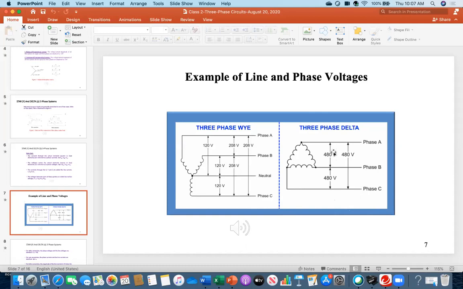Yeah, I have a question about the delta. So okay, the voltage is going to be the same on the line to line. It's not going to change. Yeah, yeah. Because you see this one. For example, you have a voltmeter here, and you know that a voltmeter needs two points, right? Two terminals. So, for example, you have a voltmeter here.